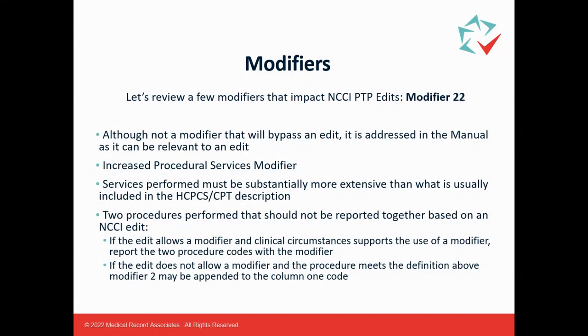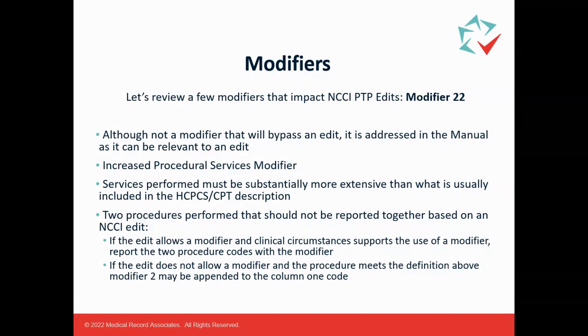So if the provider does a procedure and it's substantially more extensive than what is typical for that code he or she is reporting, modifier 22 can be used. Again, documentation's key. I can't say that enough.